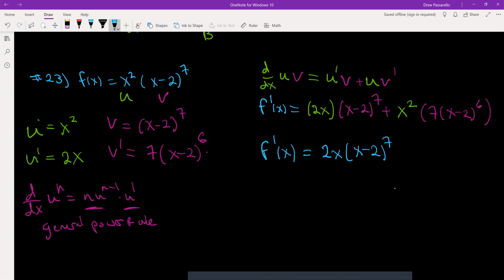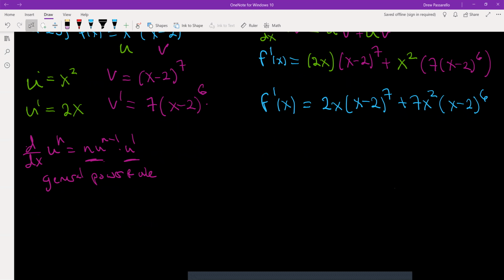So this would be plus 7x squared and then x minus 2 to the 6. All right, I can do some factoring because these have x minus 2's and then they have the variable x. So I'm going to factor out x times x minus 2 to the 6th power.